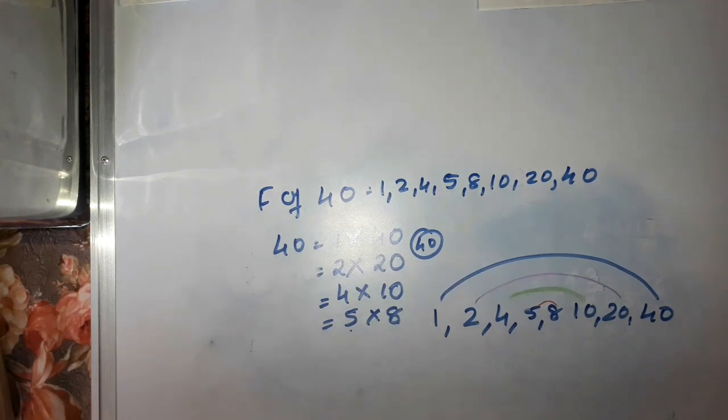So here, using the rainbow method, you can always find out the factors of a given number.